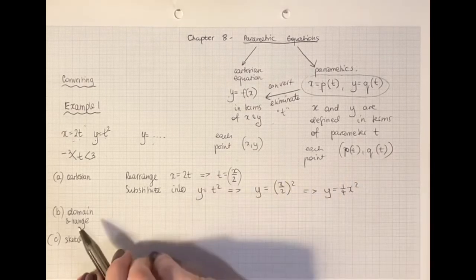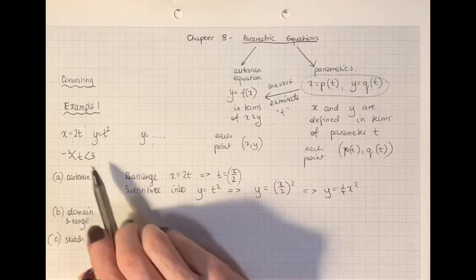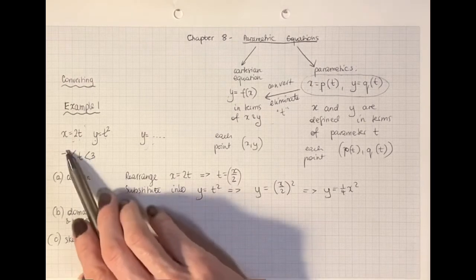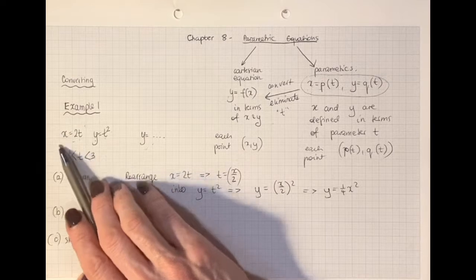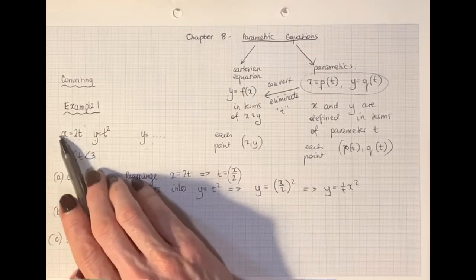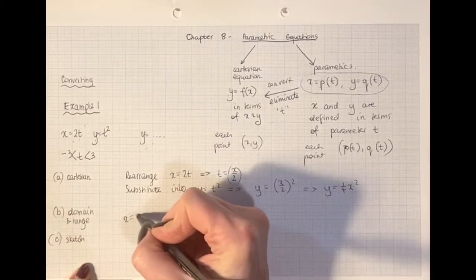Very often you will be asked to describe the domain and the range of this function. So remember, the domain simply tells you what are the possible values of x. So what you can do is just imagine having a sketch, x equals 2t for the domain.